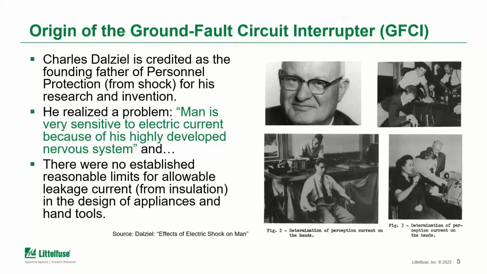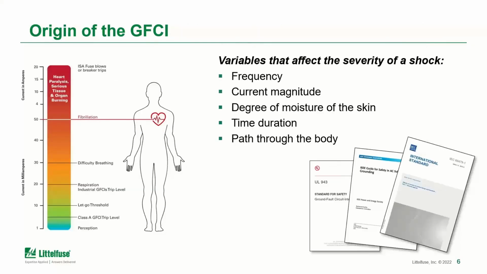So the realization that these shocks and fatalities were caused by ground faults on common household circuits led him to the creation of that first ever GFCI in the early 60s. Now, human testing, of course, is no longer considered acceptable, for very good reason, but it means that this data is still used as a basis for much of the shock protection requirements that we have today.